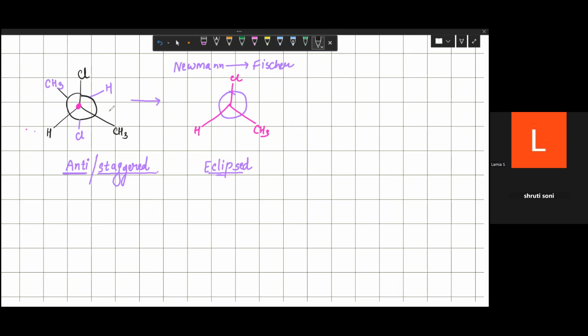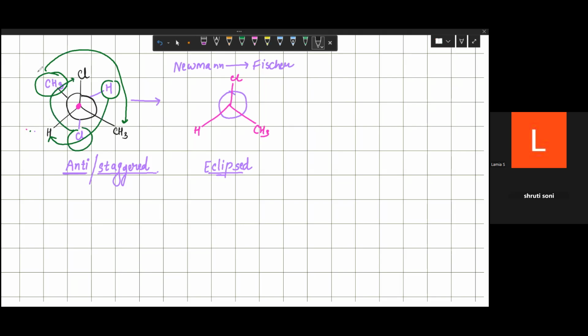I need to represent this CH3 nearby this CH3, and this hydrogen nearby this one, and the chlorine nearby this chlorine.